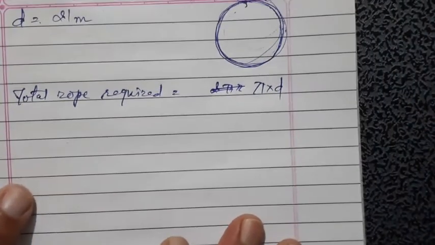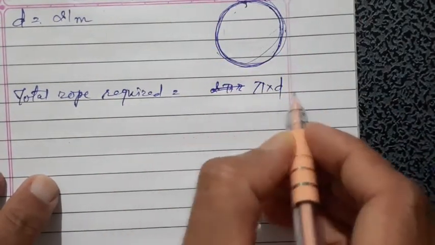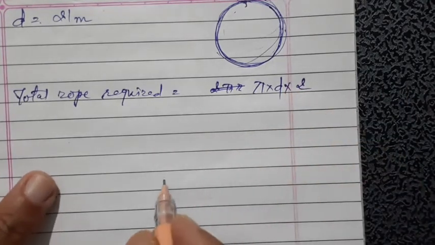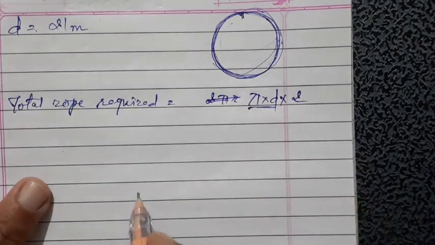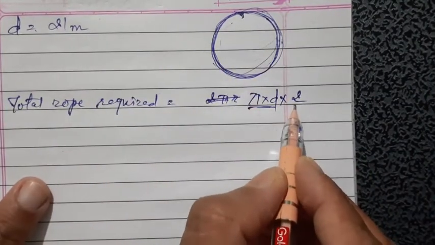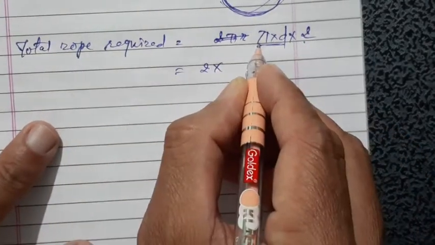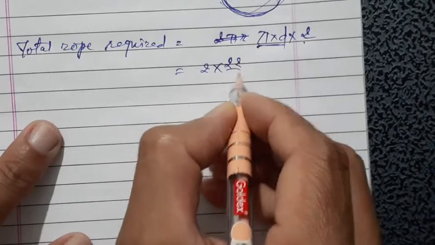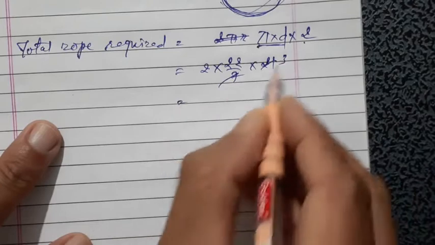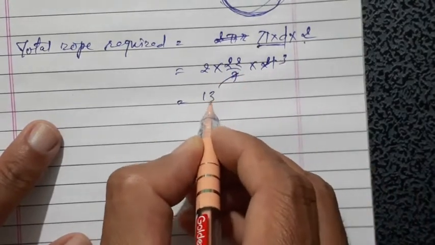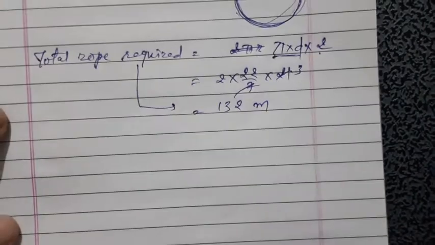He makes 2 rounds here, so total rope is 2 times pi into d, because to make one fence he needs pi into d, means circumference, and 2 rounds means 2 times pi into d. So here 2 is there, pi equal to 22 upon 7 into d equal to 21. So 7 3s are 21, 3 2s are 6, 6 into 22 is 132 meter. He needs 132 meter rope.